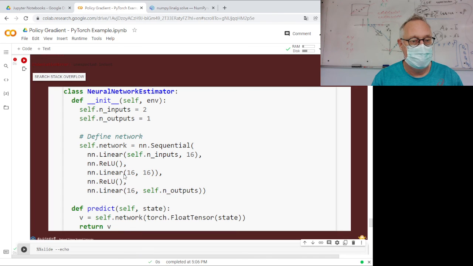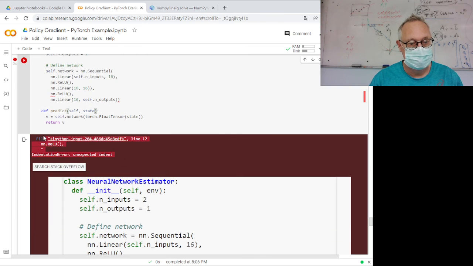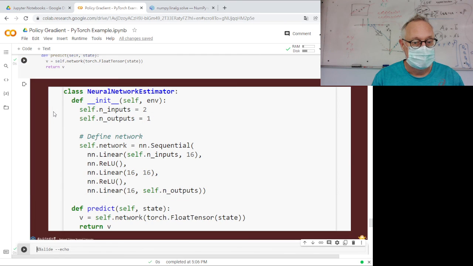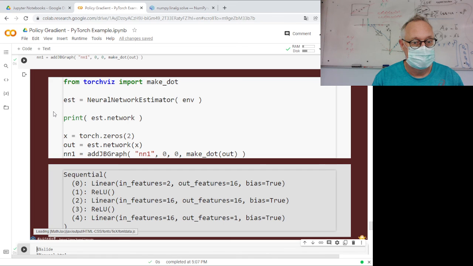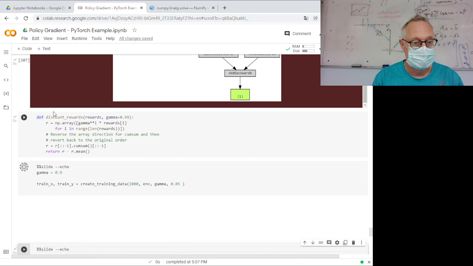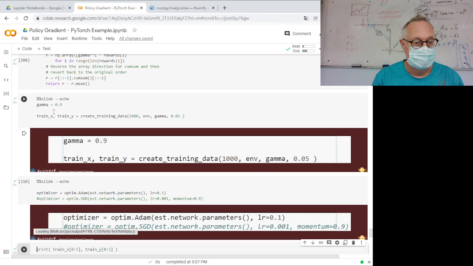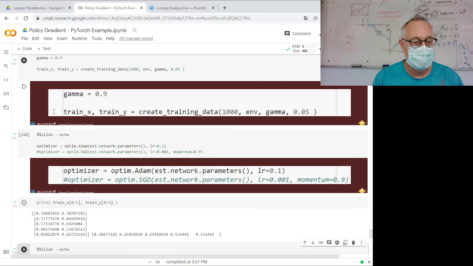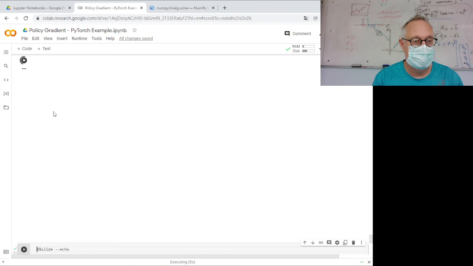So now we have two layers. So instead of 1,000 nodes, I only have 32 now, but organized in two levels.